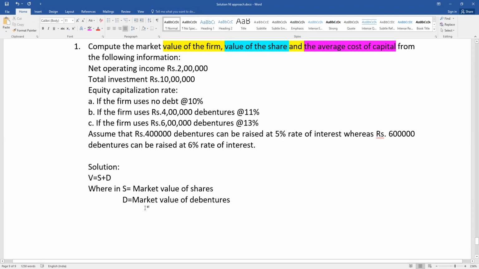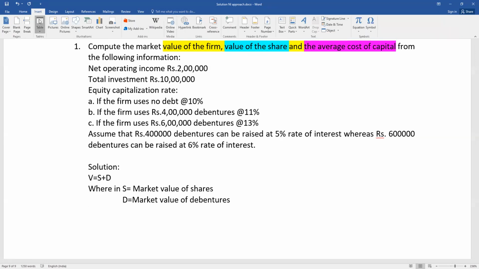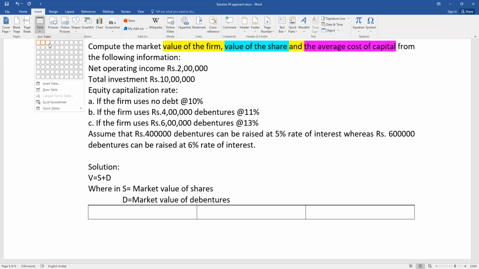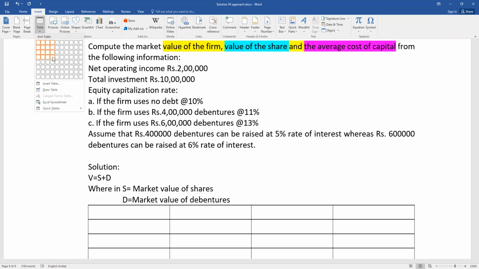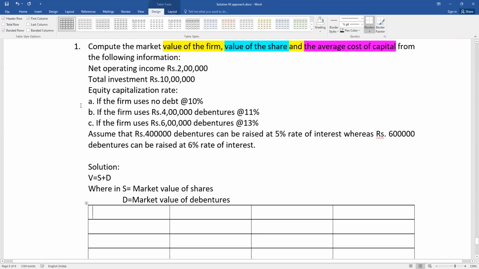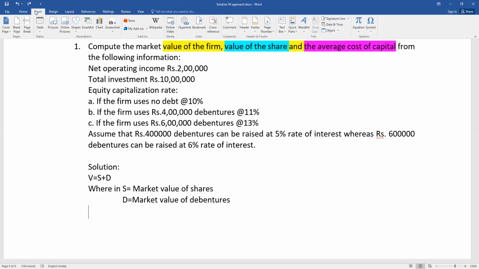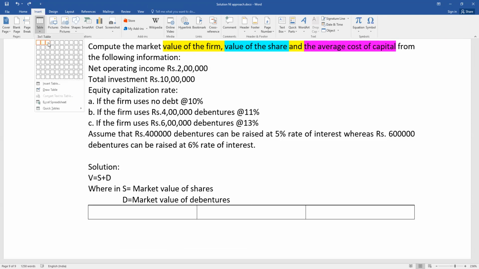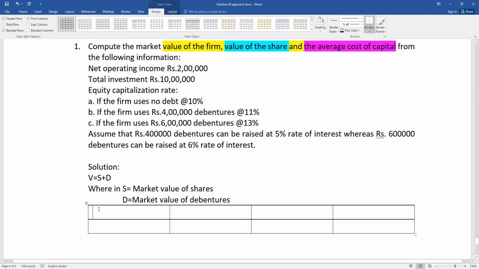We have different situations to calculate here. We have A, B, C. We have 3 financial plans. So we can go by the tabular form of calculation. So let me insert 4 columns. I need one for particulars and one for calculations.